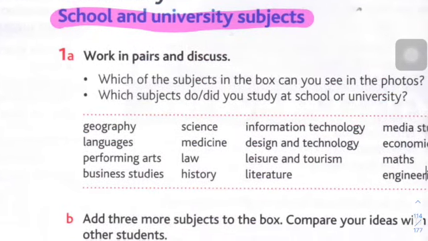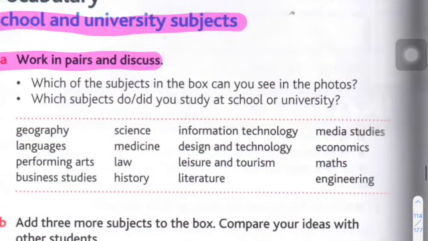The first exercise says work in pairs and discuss. Which of the subjects in the box can you see in the photos? Which subjects do you study at a school or university, or did you study at a school or university?